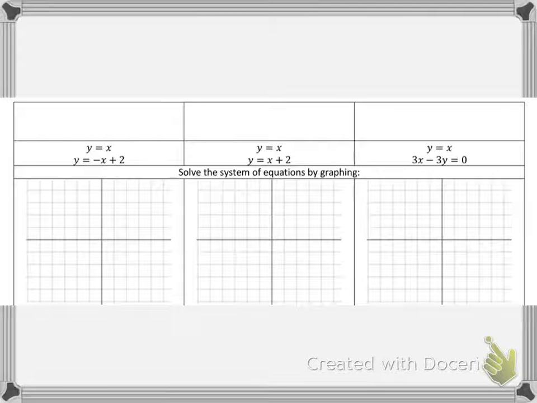So let's do some of these examples. So we have the equation y equals x. Remember, you can use any method you'd like to graph this. This is the same as y equals 1x plus 0. So our y-intercept is 0, and from there we go up 1 and over 1. So we can draw a line to connect those points, and then make sure we put an arrow on either end.